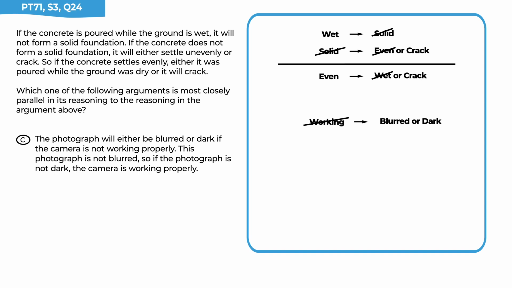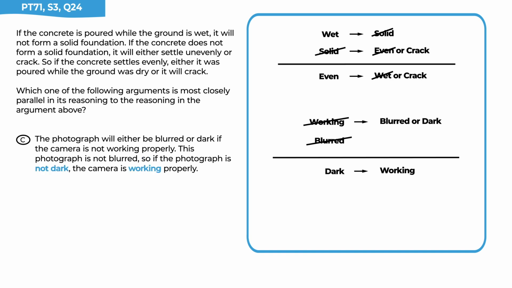But when we look at the second premise, it's actually just a statement of fact. When we write those in our diagrams, we just sort of write the idea. And by not putting an arrow, we're sort of sending the message to our brain, oh yeah, and then at this point, they just literally told me that something was not blurred. The conclusion, as we mentioned, will not match because there's no or in the outcome.